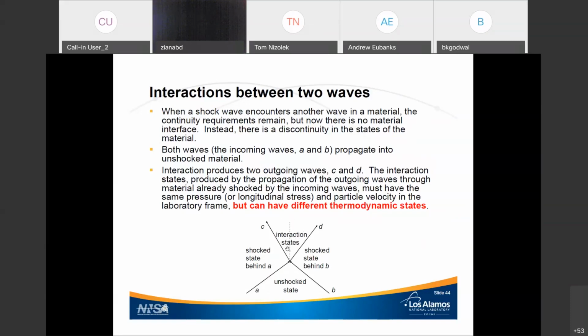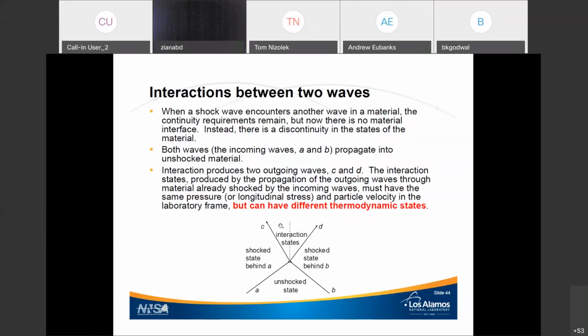Impedance matching still requires you to have continuity of particle velocity and pressure. But because these are second shock states, on a different Hugoniot from the initial shock states, there's nothing that says the thermodynamic state here has to be the same as the thermodynamic state here. The volume and energy may be different.